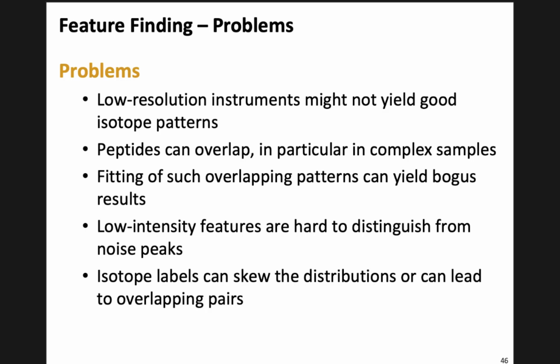Peptides can overlap, in particular in complex samples. What do you think? How many features are there in a large proteomics run? Any idea? Well, let's try and do the math. If we really have 10,000 proteins in there, what's the average length of a protein?